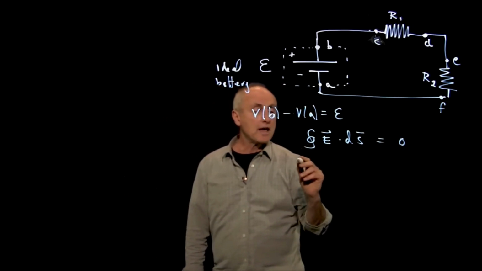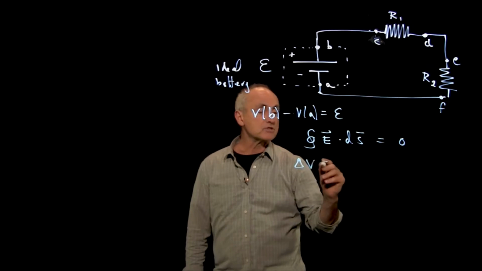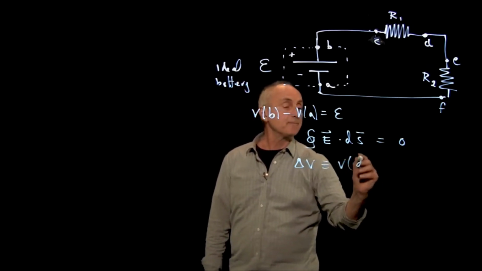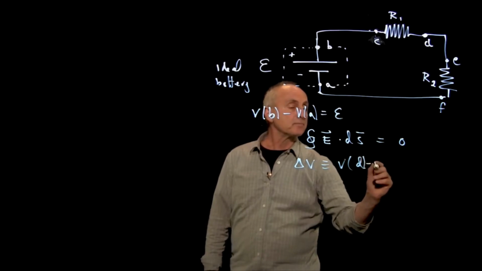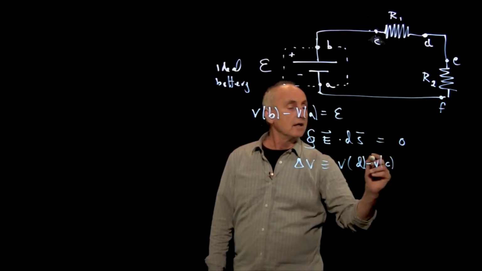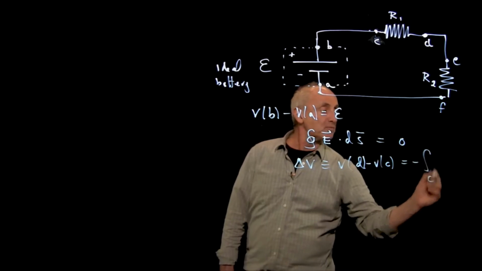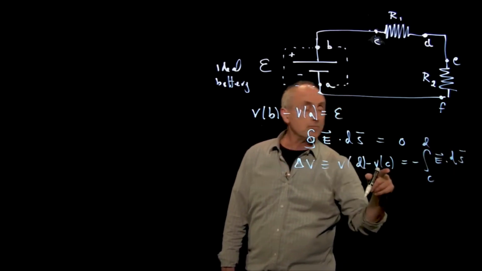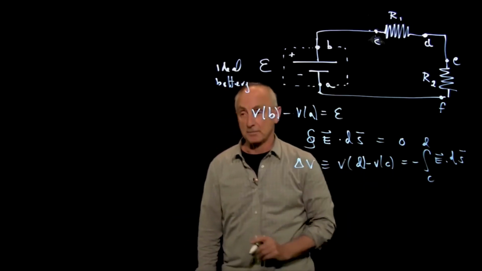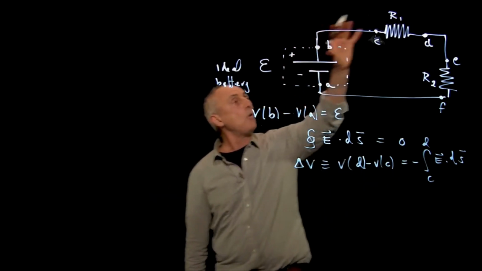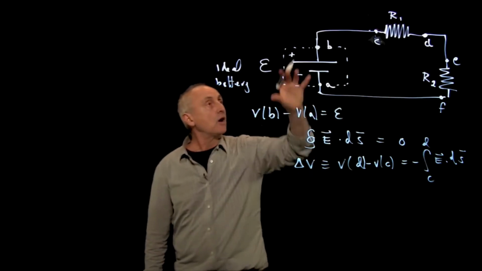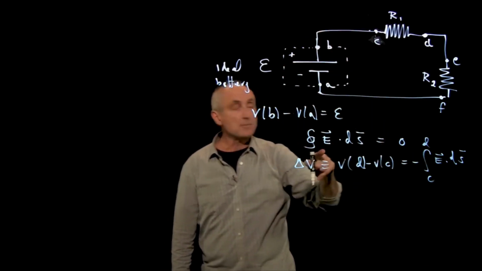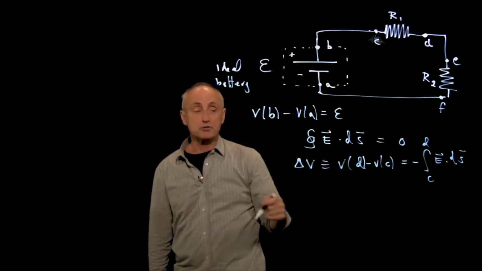And recall that when we talk about potential difference between any 2 points, V of D minus V of C, that's the integral from C to D of the electric field in going from one point to another with a minus sign. So the fact that all of the potential differences around a closed path sum up to 0 is just a statement that the line integral of E around a closed path is 0.